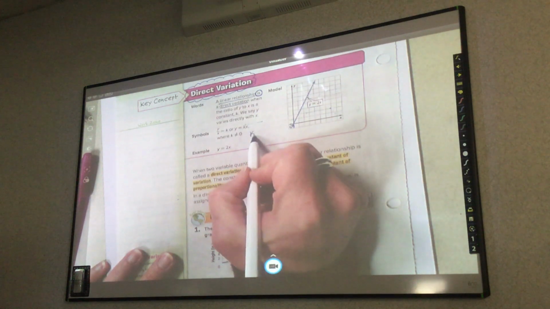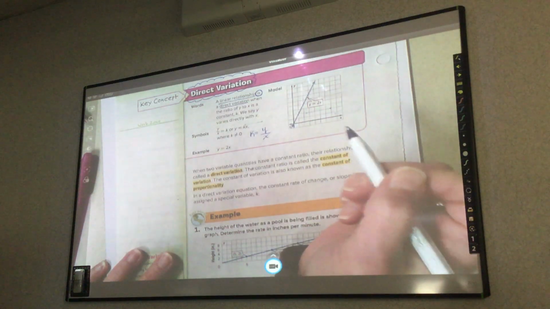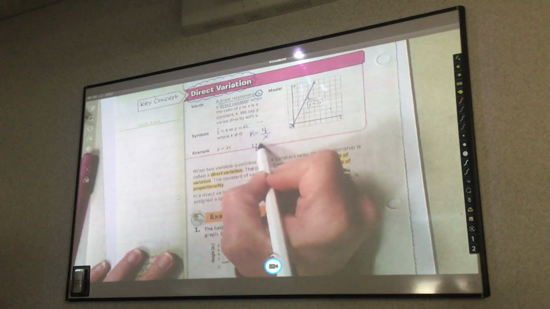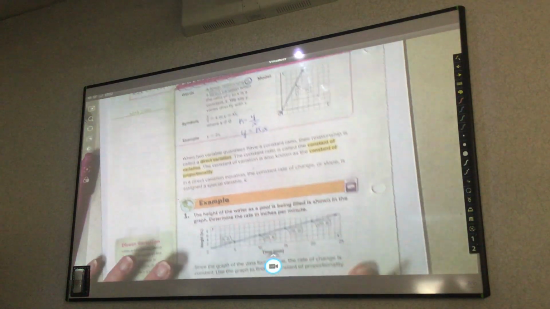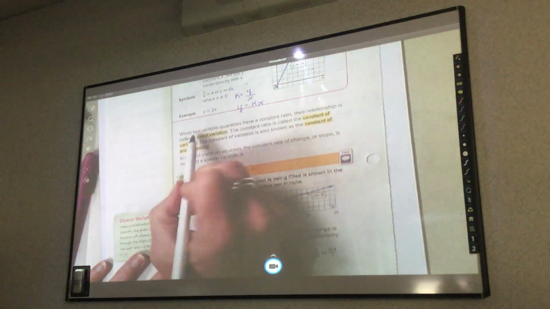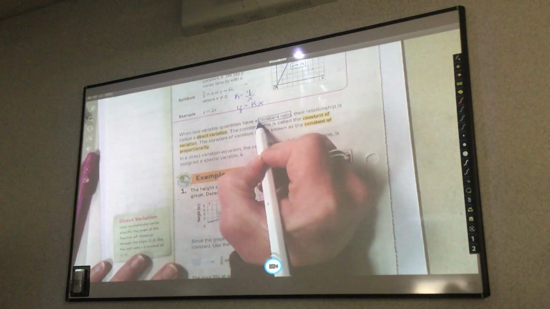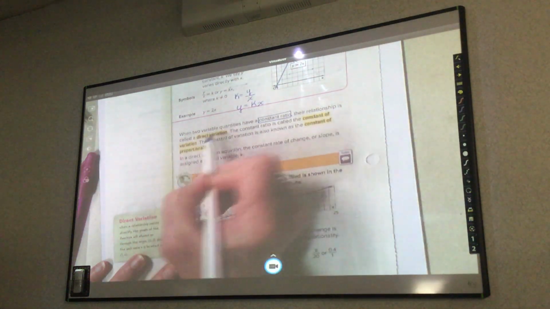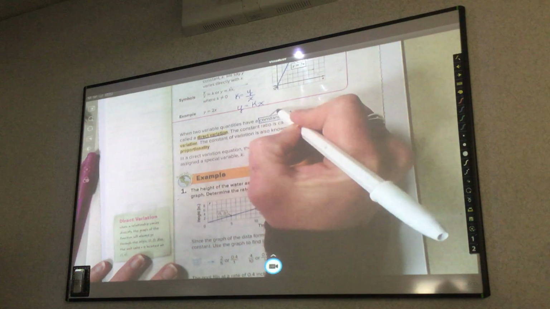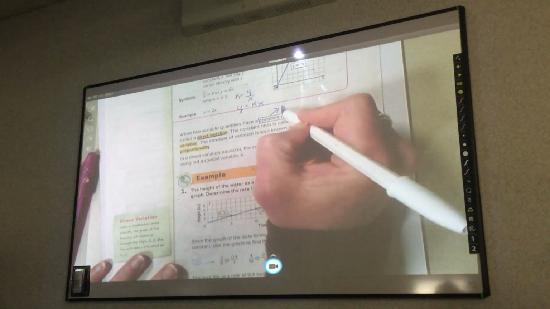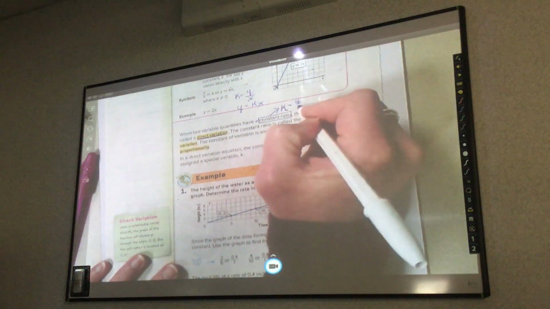So k equals y over x, and we write y equals k times x. When two variable quantities have a constant ratio, put a box around that, their relationship is called a direct variation. If they have a k, they have a direct variation, where k is y over x.